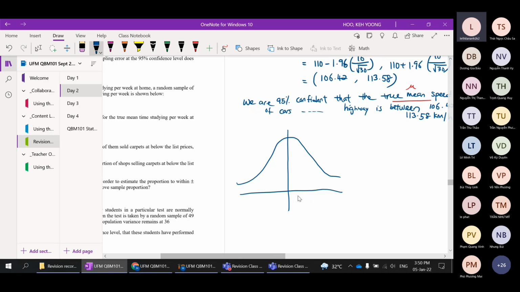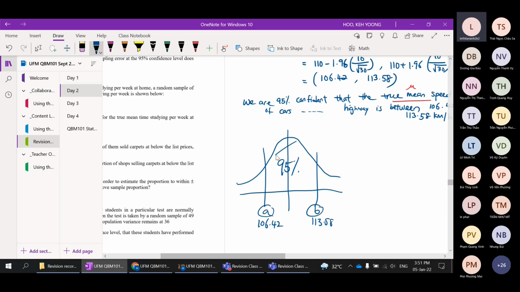The whole area is the total probability, 100%, or 1. So when the question is asking for 95%, you want to find this interval A and B. Let's say A and B are what we found, 106 and 113.58, but in general these are just A and B values.